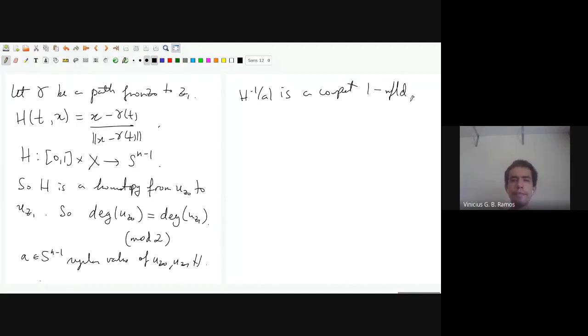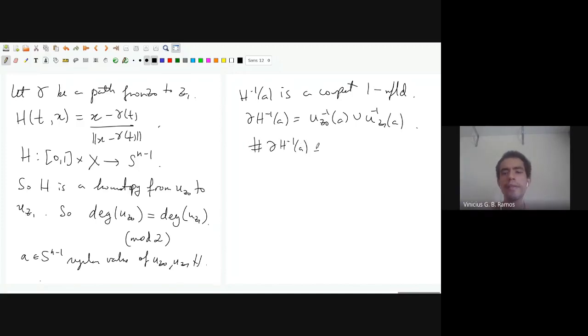And the boundary of this is the union of the uZ0 inverse of A with the uZ1 inverse of A. Now we don't have signs because these are not oriented, but the number of points in the boundary is the sum of the points here and the points here.